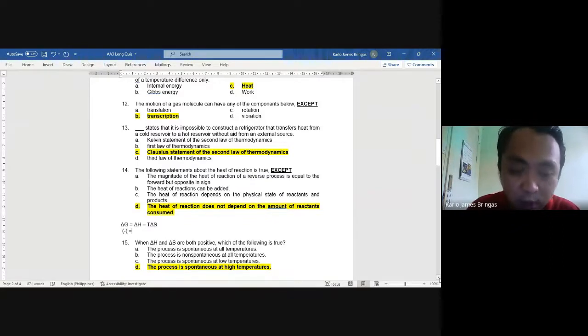So, when would it become negative? In here, you have a situation wherein delta H is positive, and our temperature, as I mentioned, is always going to be positive when you're talking about absolute temperature, and delta S being positive as well.